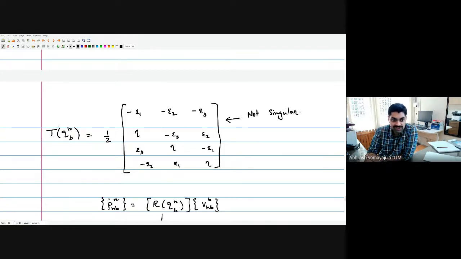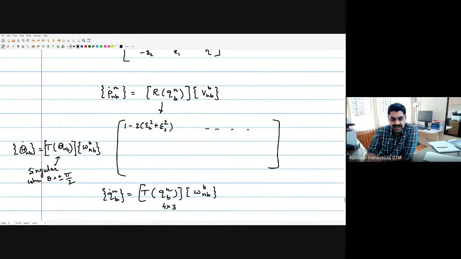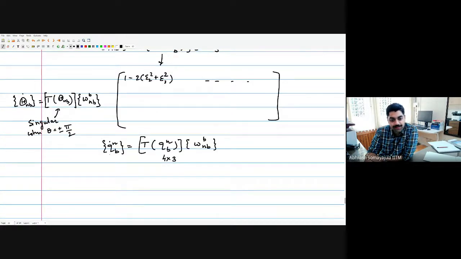The only downside is I have one extra parameter. Instead of getting away with 3 parameters, I now have to use 4 parameters to define my orientation.